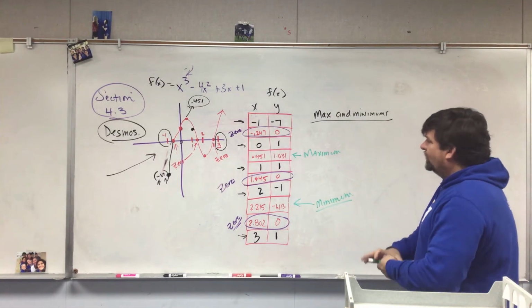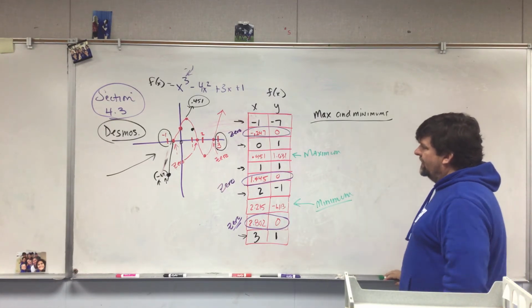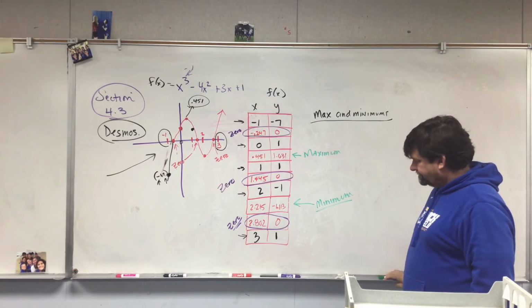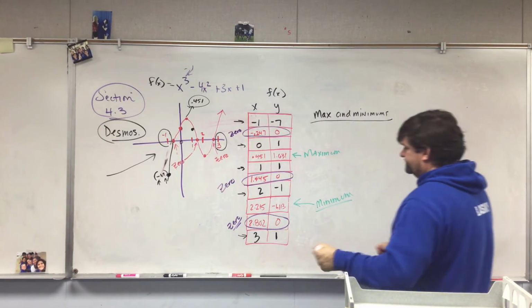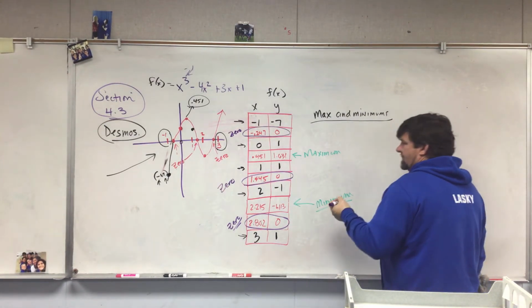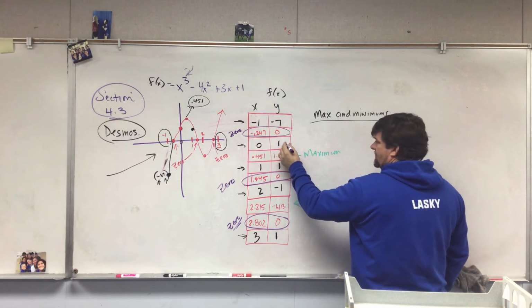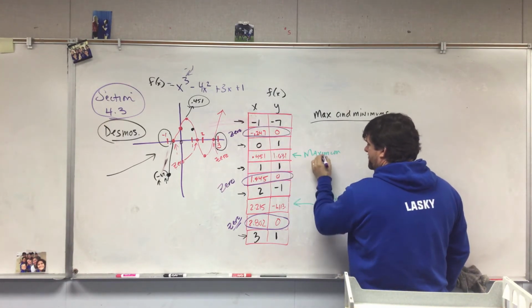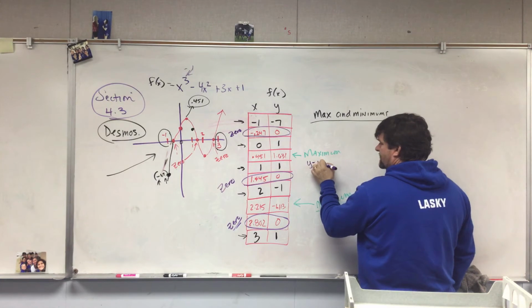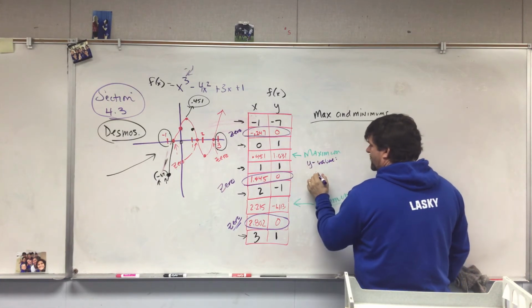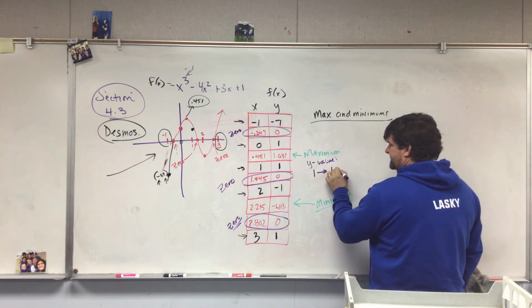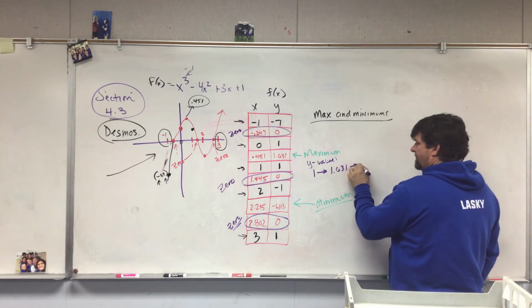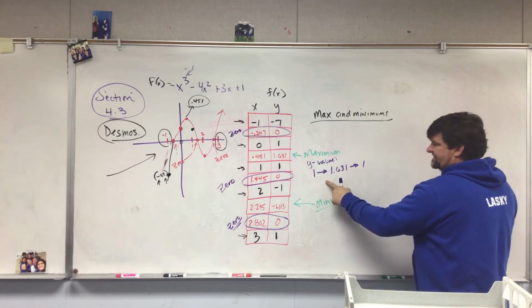Here, so how do we know? How do we know they're a maximum and a minimum? Because if we look at this here, my y value goes from 1 to 1.631 back to 1. So what happens here?